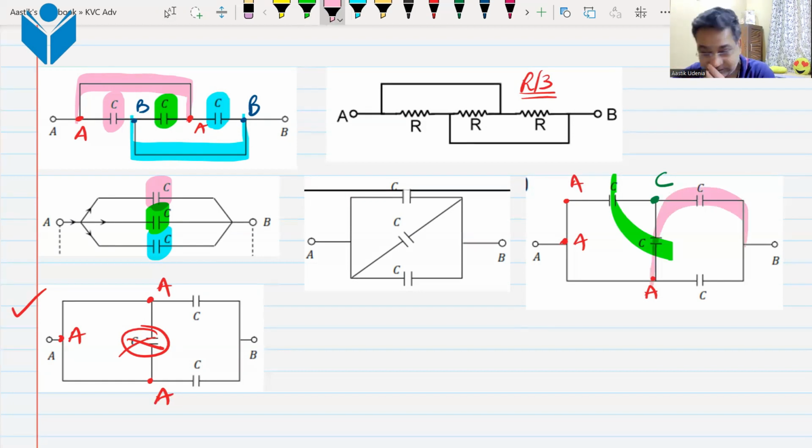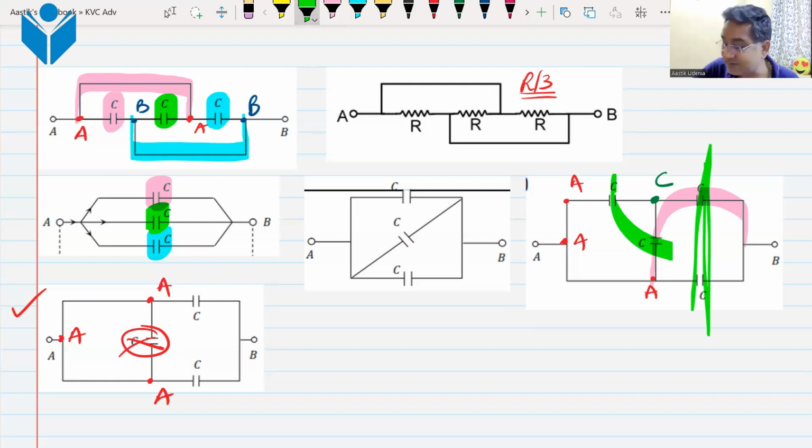Yes or no? Yes, sir. C and 2C in series, we will get 2C by 3. Yes or no? Yes, sir. That 2C by 3 and this C will be in parallel. So the answer would be 5C by 3. Everyone understands this? Yes, sir. Pakka? Yes, sir.